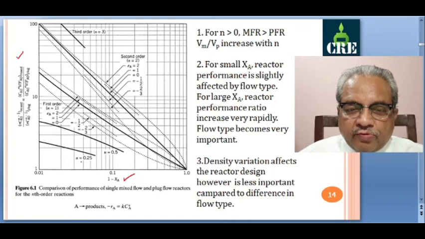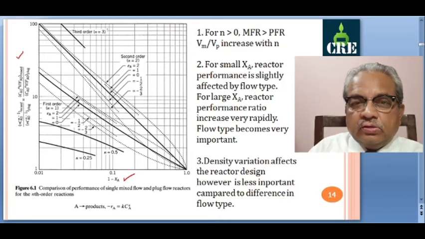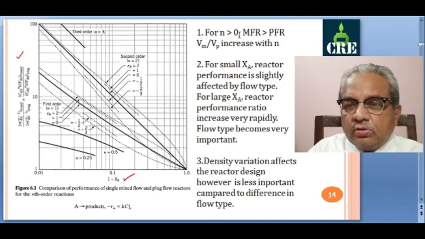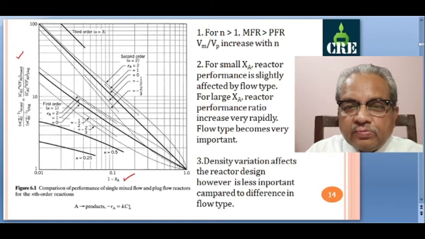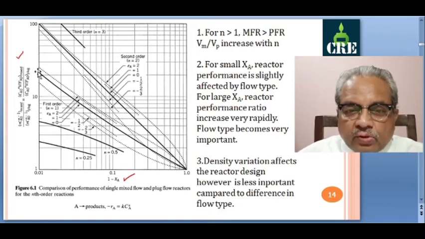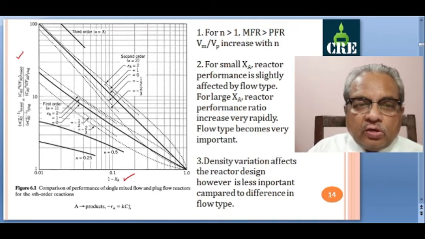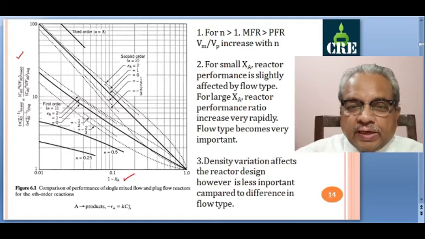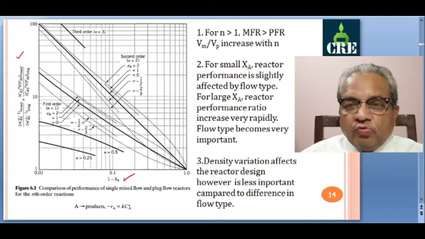Then n is equal to 0.5, n is equal to 0.25. As the order changes, this is n greater than 1, n equal to 1, n equal to 2, n equal to 3. Then here we have third order, second order, then first order, half order, 0.25 order.